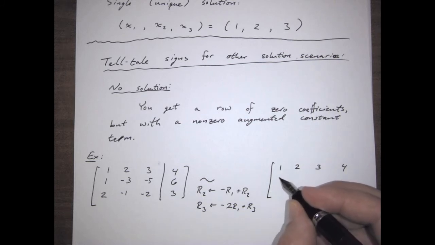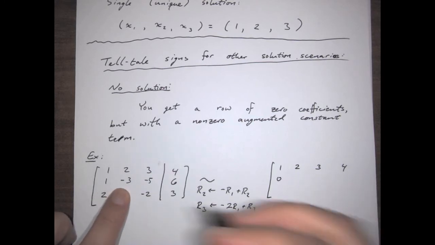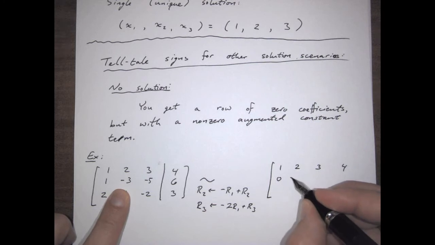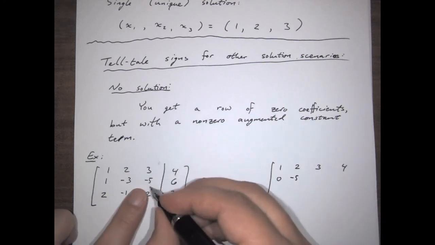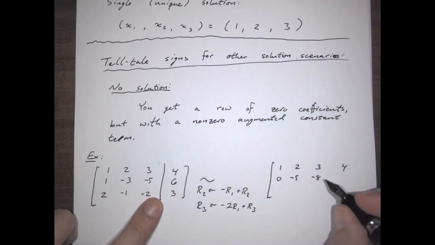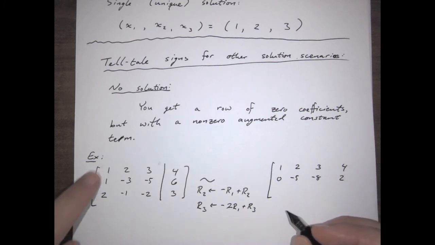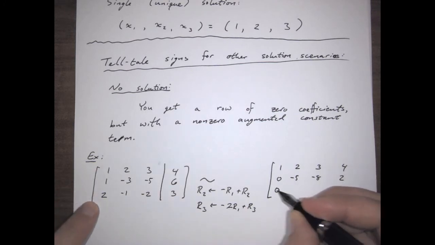Now we're adding row 1 times negative 1 to row 2. That's going to be 0. Negative 2 plus negative 3 is negative 5. Negative 3 plus negative 5 is negative 8. Negative 4 plus 6 is 2. Now, negative 2 times 1 plus 2 is 0.